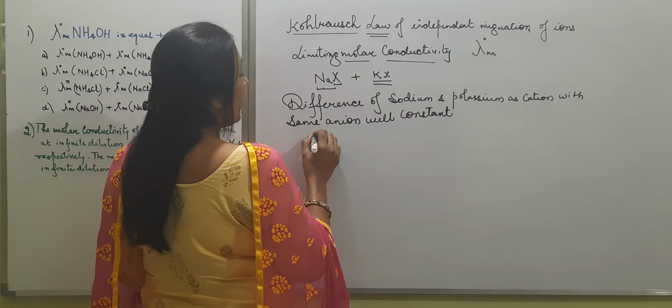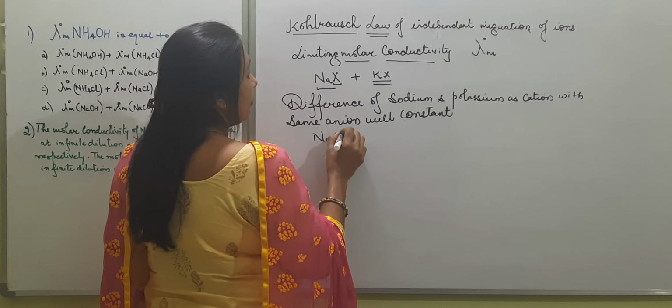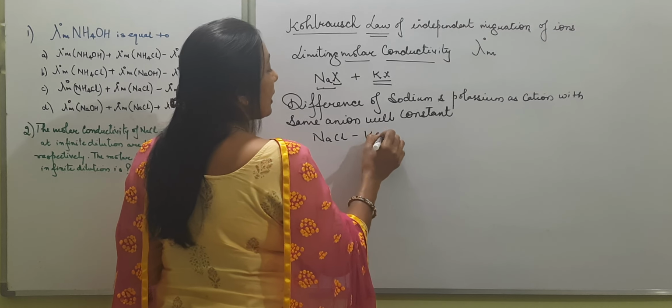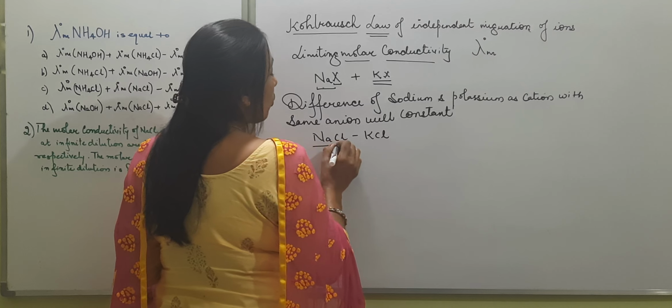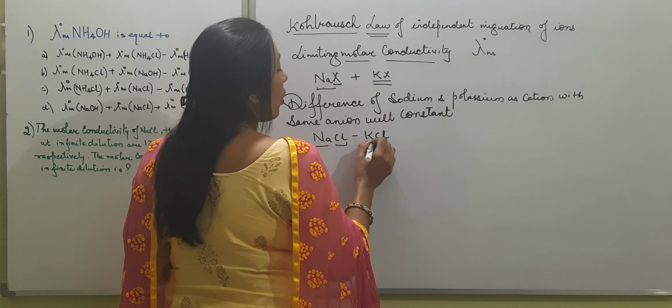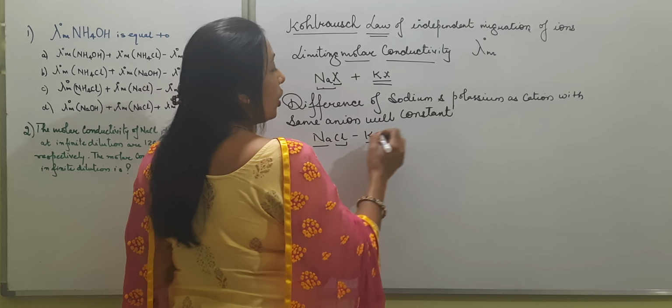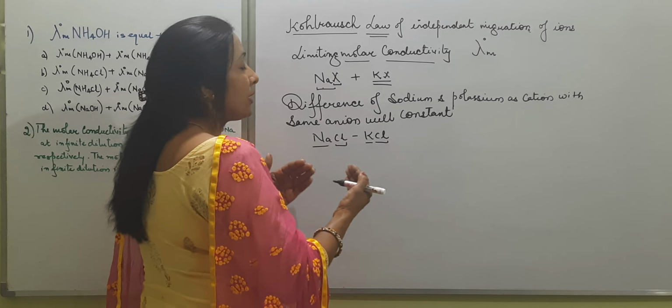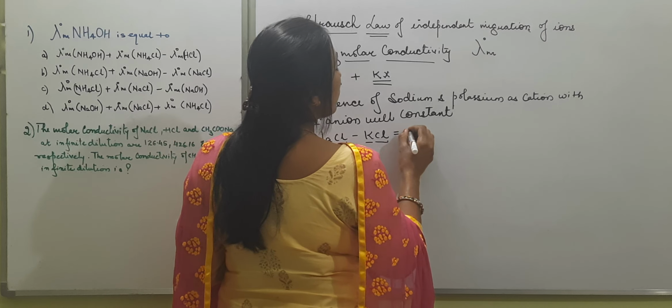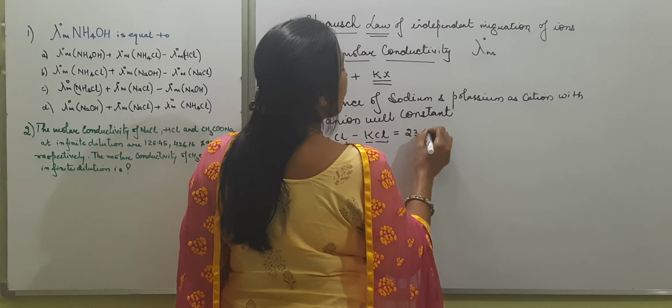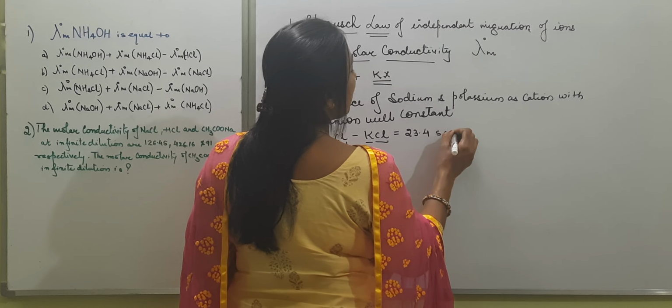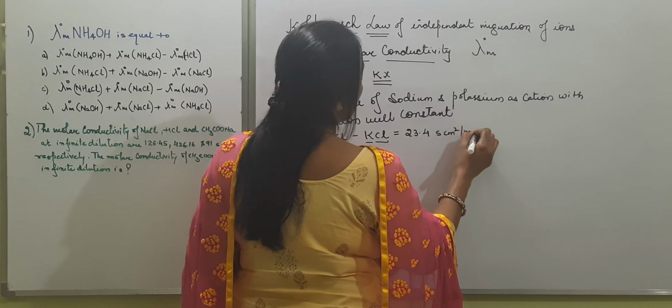For example, we are taking NaCl minus KCl. Here I have written chlorine with sodium and also chlorine with potassium. Whatever the difference is there, the difference is almost 23.4 Siemens centimeter square per mole.